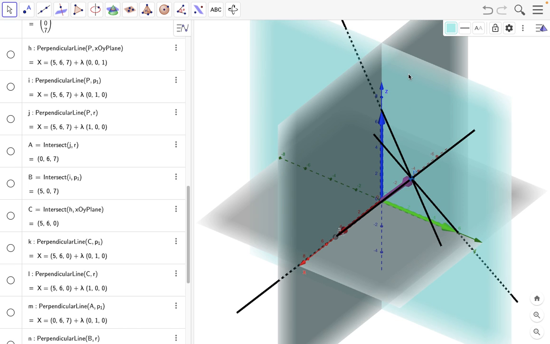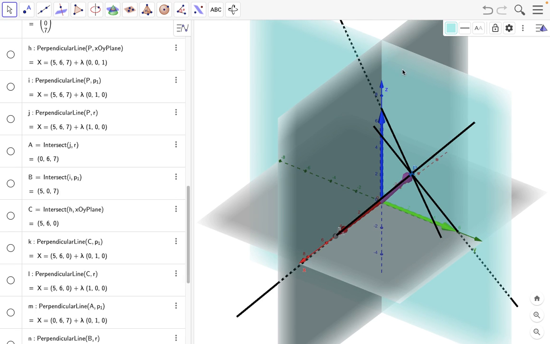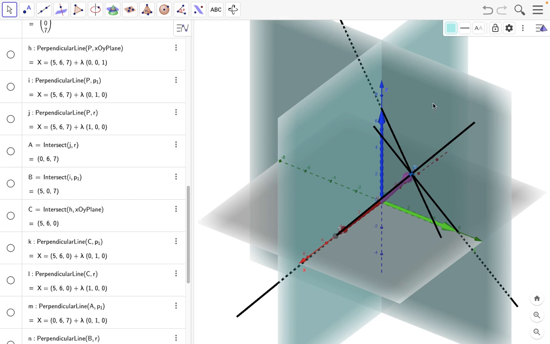On the y plane, everywhere the y value is constant. For this particular selected plane, the value of y is 0 everywhere, so it is the reference for the y direction. For this plane, everywhere the x value is 0, so it is called the x plane, with constant x value everywhere.